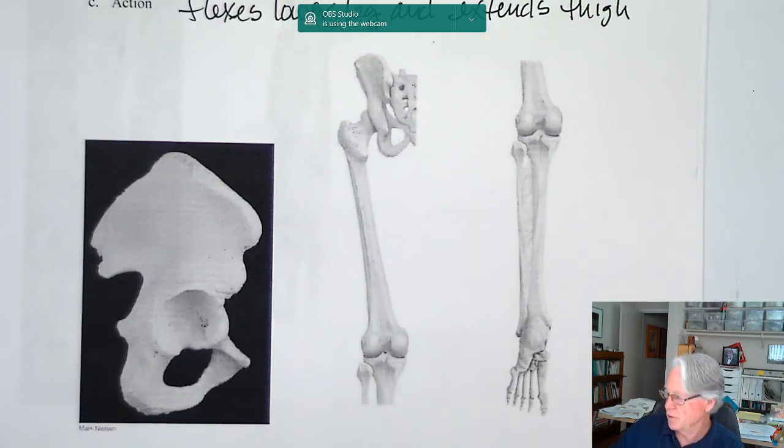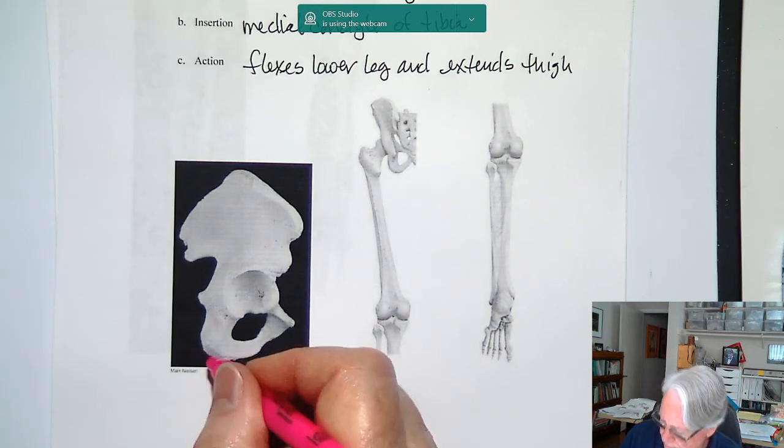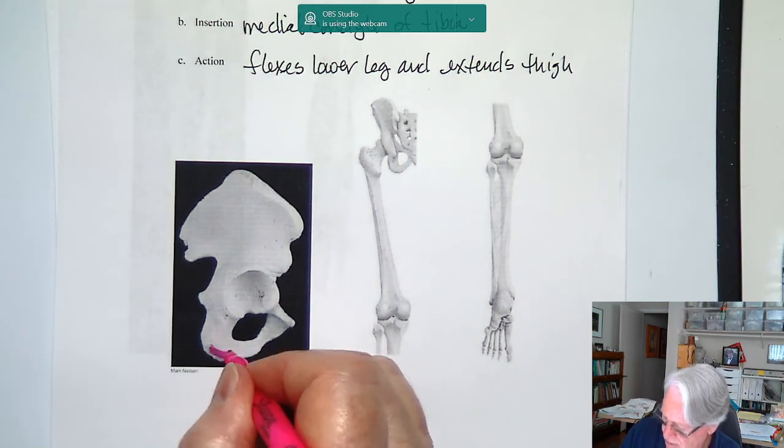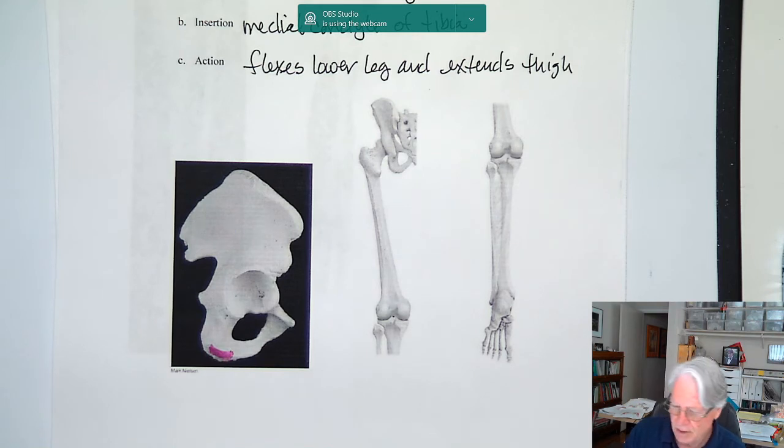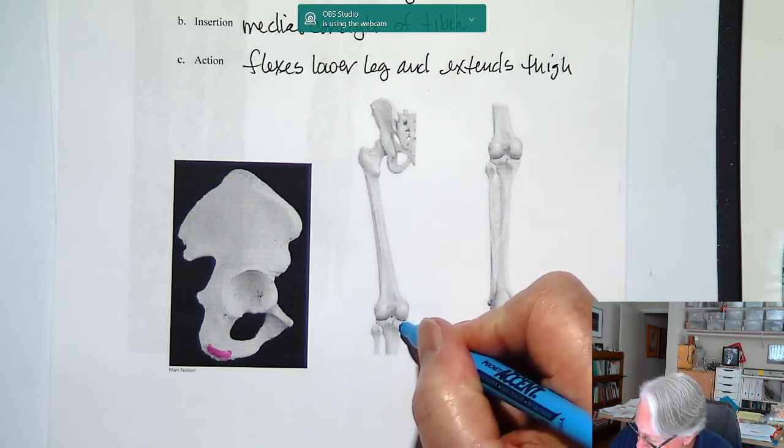And if we are going to do our little red marking here, okay, and then the blue would be right here.